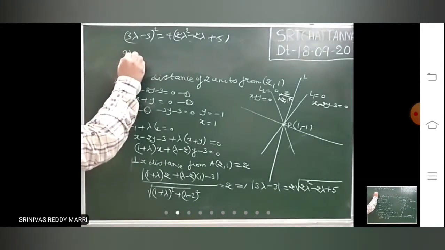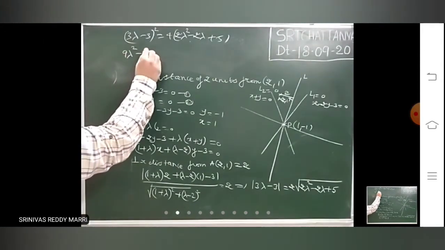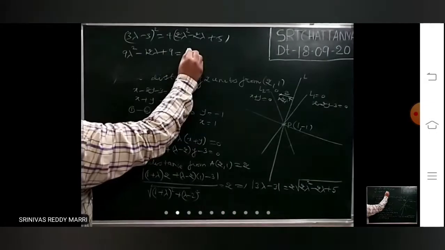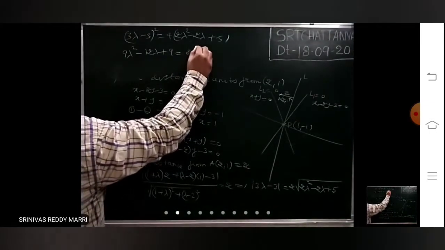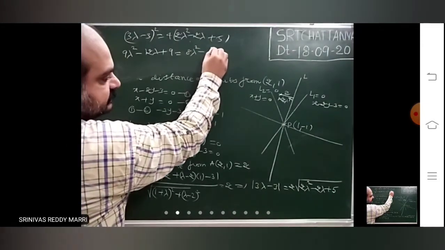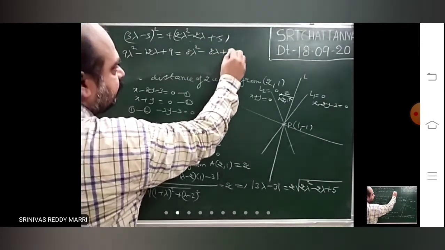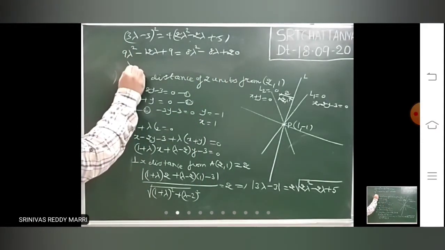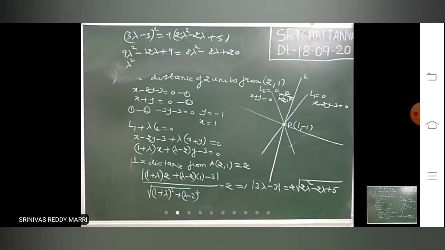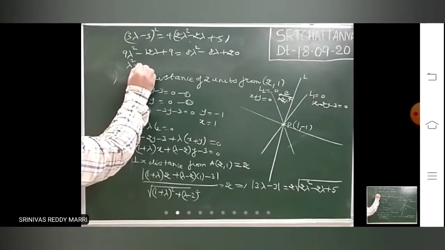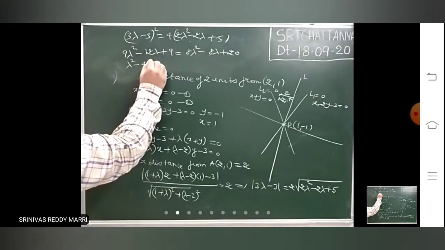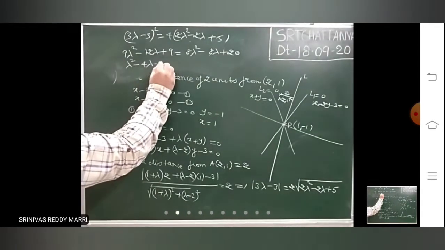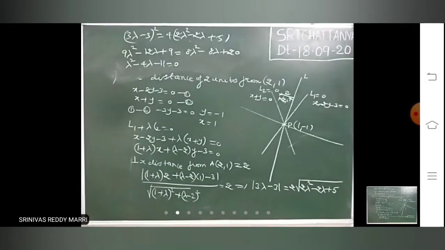That means you will get 9 lambda square minus 18 lambda plus 9 equals 8 lambda square minus 8 lambda plus 20. Bring this side: lambda square minus 10 lambda minus 11 equal to 0.